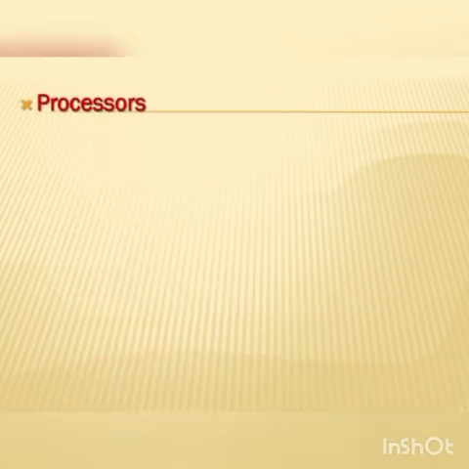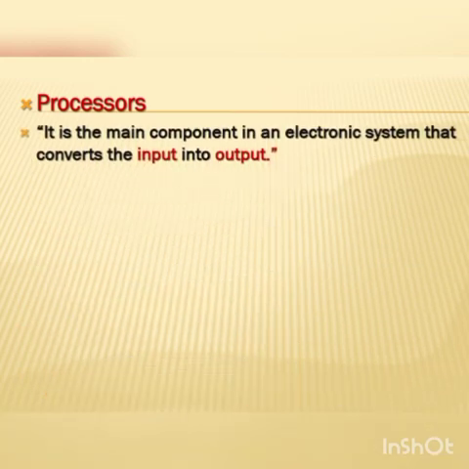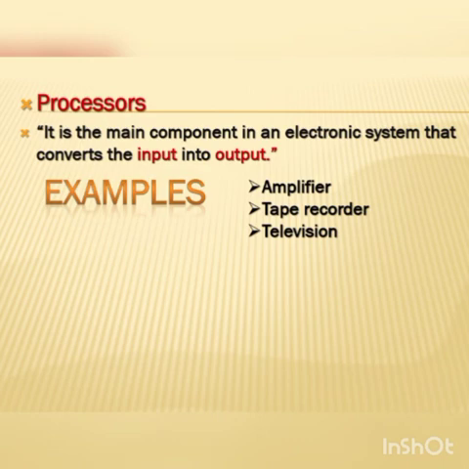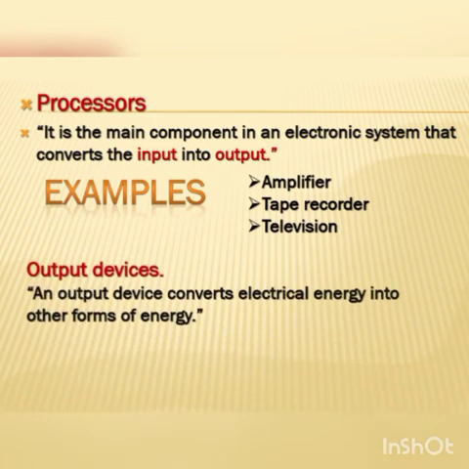Now the second type is processors. A processor is the main component in an electronic system that converts the input into the output. For example, amplifier, tape recorder and televisions. These are examples of processors. Now what are output devices?